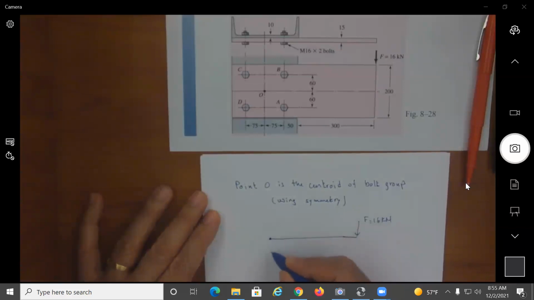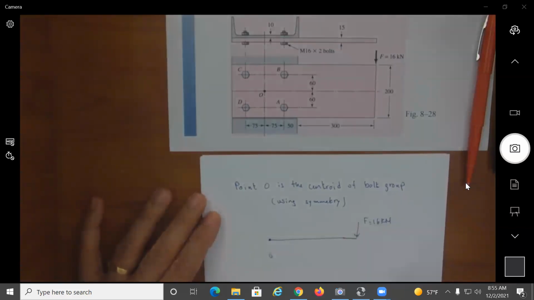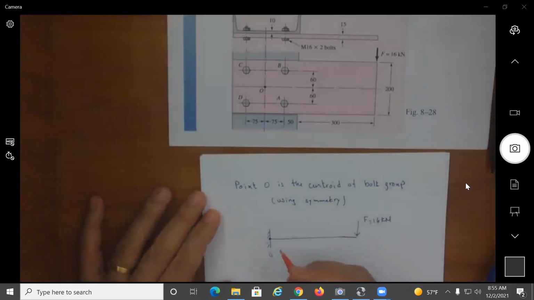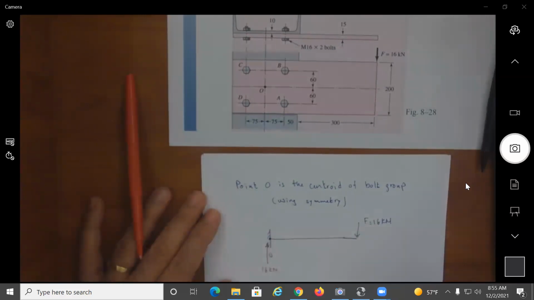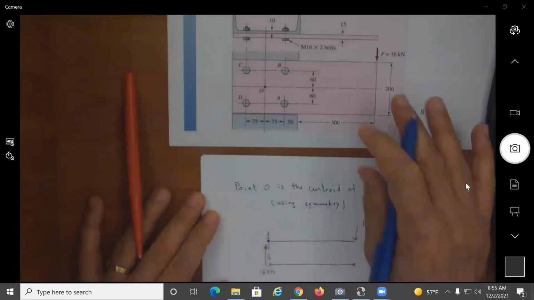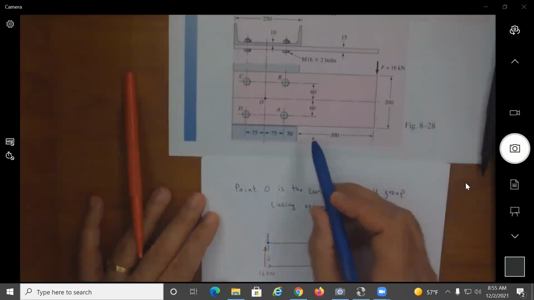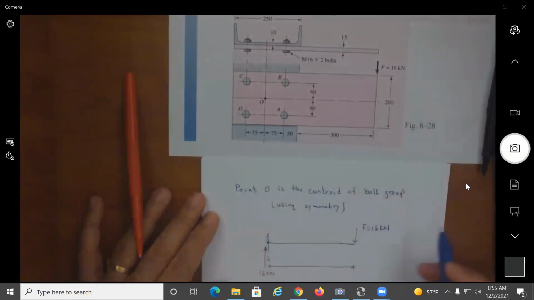If this is point O, then I would be looking at a reaction that has a shear force of 16 kilonewton, and the distance to this point O, looking at the diagram, would be the 300 plus 50 plus 75.